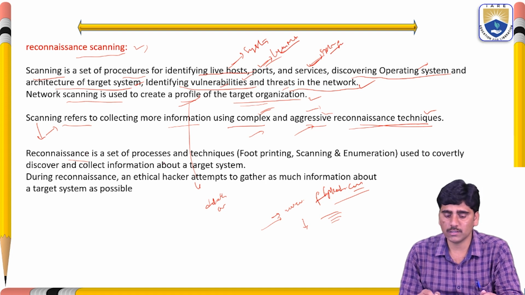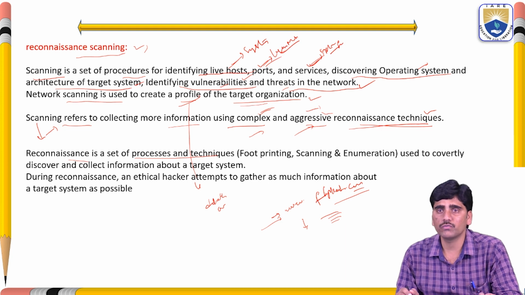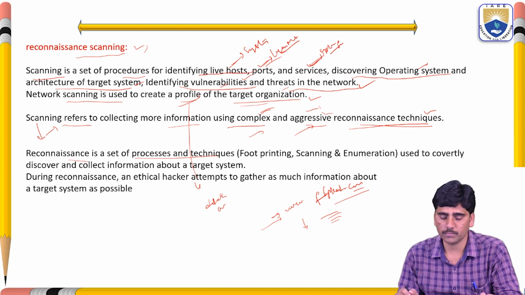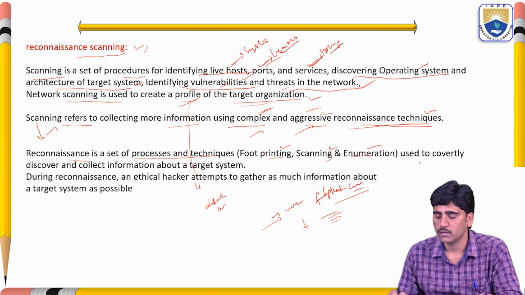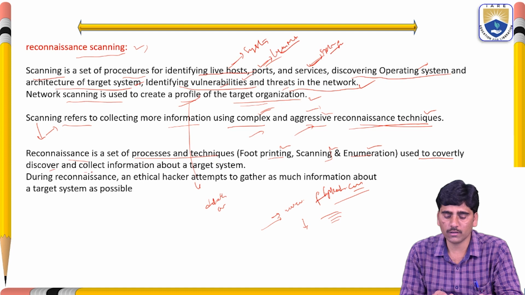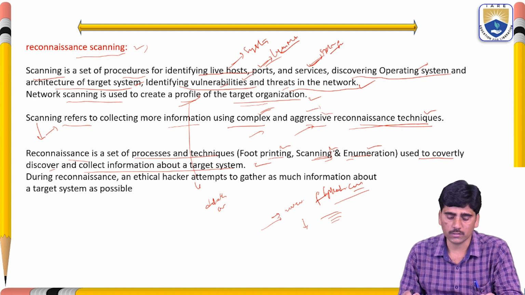Reconnaissance is a set of procedures and techniques, like footprinting, scanning, and enumeration, used to covertly discover and collect information about a target system. Applying some tools, techniques, policies or processes in the form of scanning is called reconnaissance.